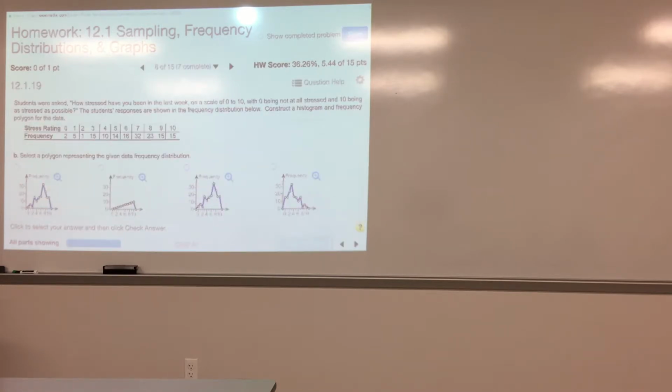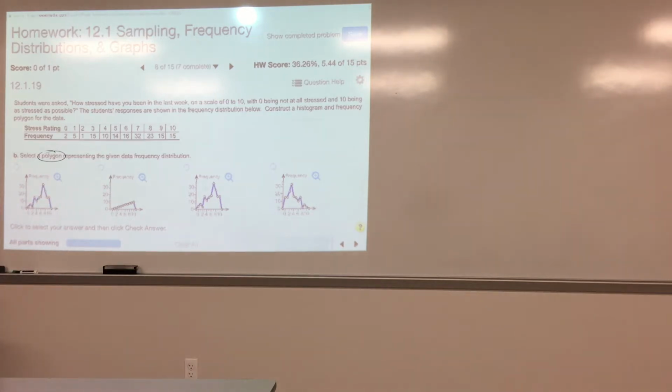Now, you can also do a frequency polygon to represent your data. You're essentially graphing the same stuff, but instead of using bars, you're plotting the peak of the bars and then connecting the tops.